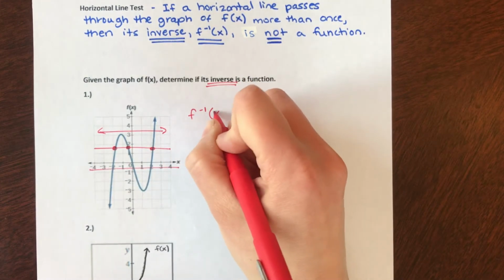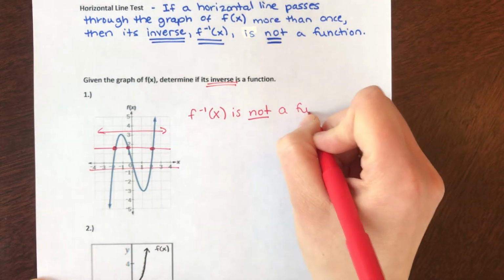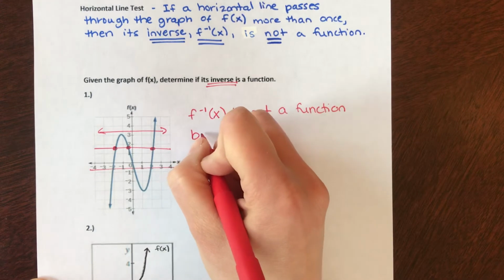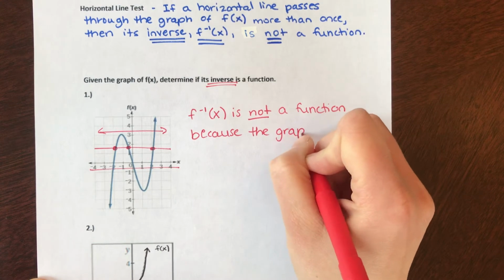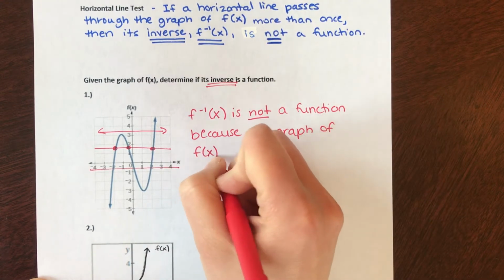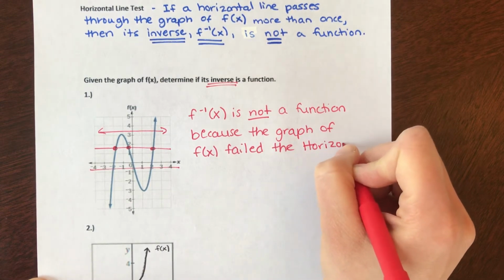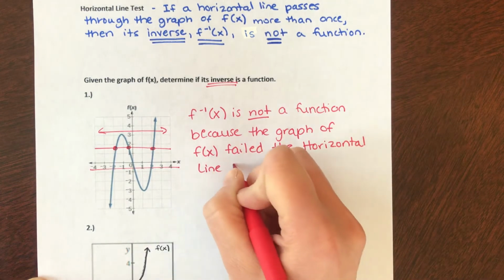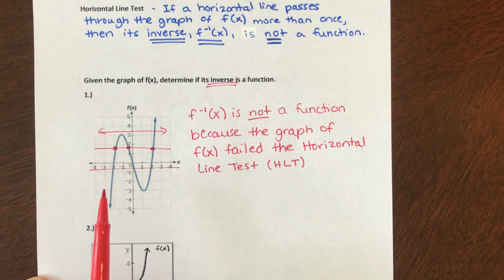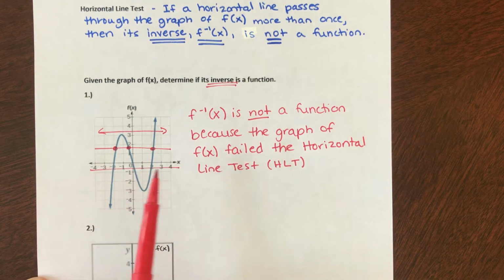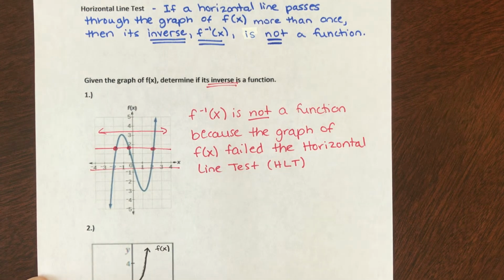Well, the answer is no. F inverse of x is not a function because the graph of f of x failed the horizontal line test. I'm going to abbreviate that with just HLT. So by looking at the graph of f of x, if I did the horizontal line test, I can immediately tell that its inverse is not a function because it failed the horizontal line test.